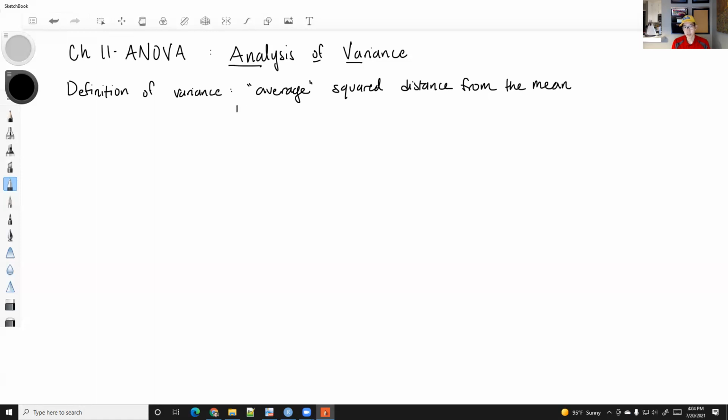Where we see large variance, that indicates that the values in your data are spread out. And small variance means your values are similar to each other.